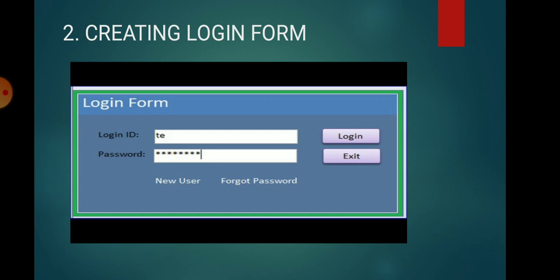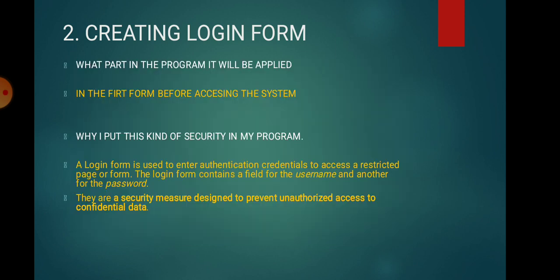So second is creating a login form. This is an example of a login form. What part in the program will it be applied? It will be applied in the first form before accessing the system. And why do I put this kind of security in my program?